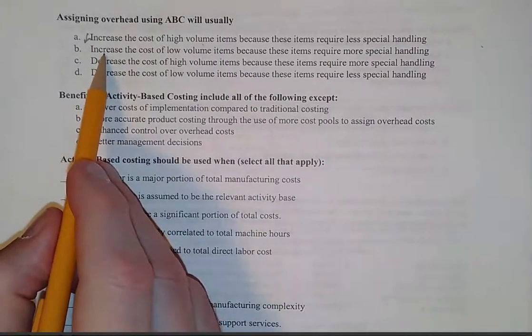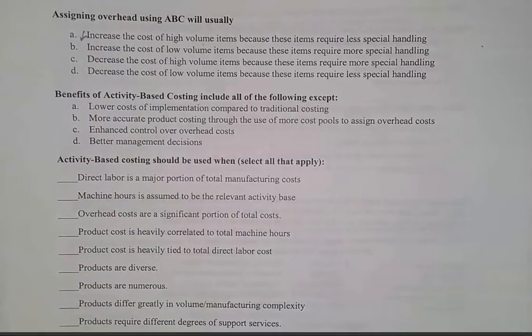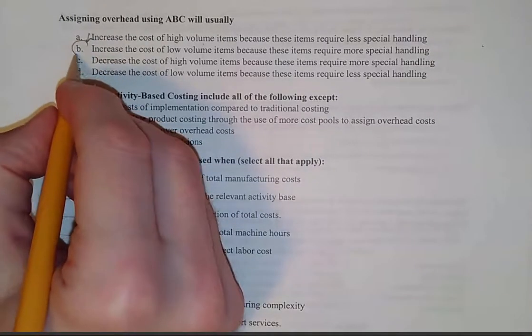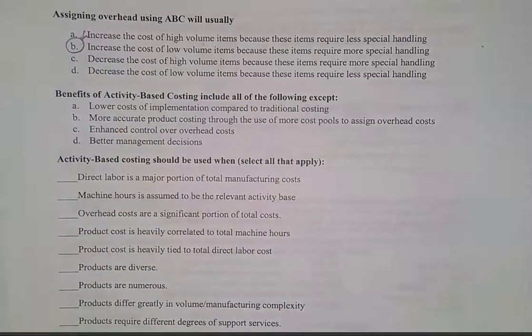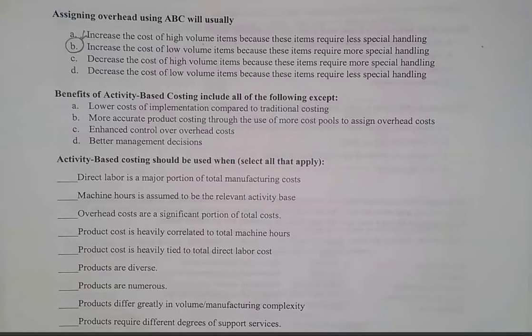Choice B, increase the cost of low volume items because these items require more special handling. And this is the correct answer. The fewer items that we tend to make, the more, and I don't want you to be confused and think we're talking about custom-made items here.